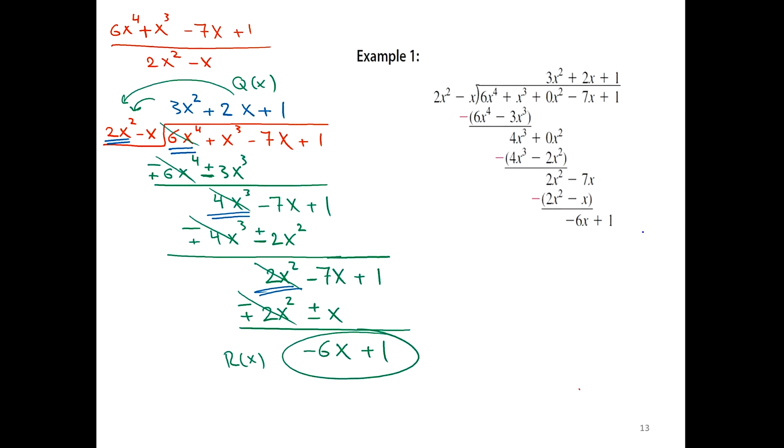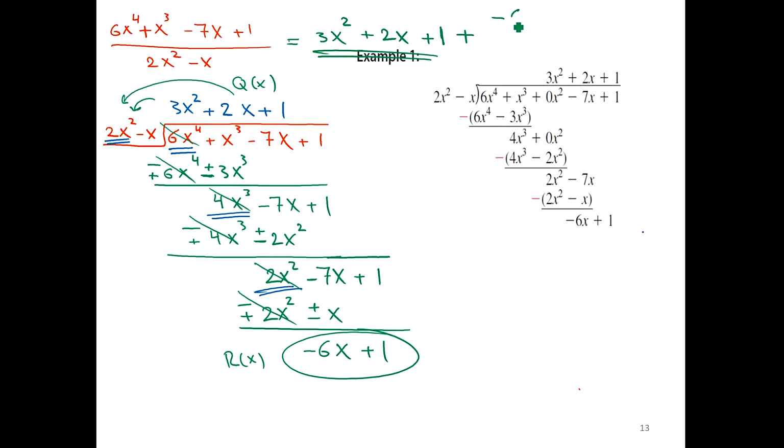So this one equals what? This is the q, 3x^2 + 2x + 1, plus r over the divisor.